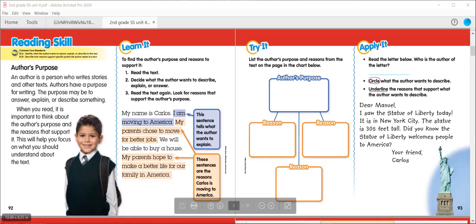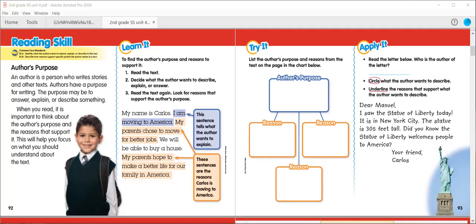All right, so what we're going to do here is go through our Learn It, our Try It, and then our Apply It section. In the Learn It section, it says to find the author's purpose and reasons to support it. Number 1, read the text. Number 2, decide what the author wants to describe, explain, or answer.